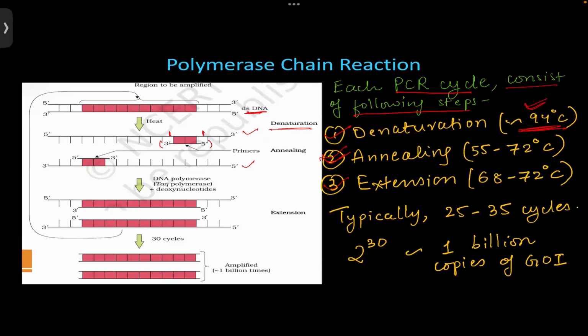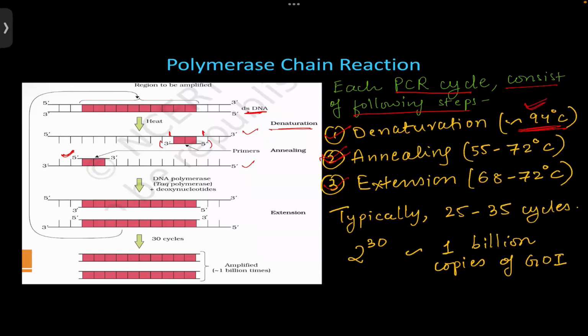This is the sequence which is going to cause the synthesis of the new DNA strands in the 5' to 3' direction, that is in the forward direction, and is called the forward primer. Whereas this particular primer, which is going to cause DNA synthesis in the reverse direction, from 3' to 5', is the reverse primer.